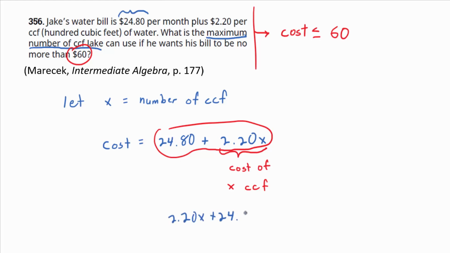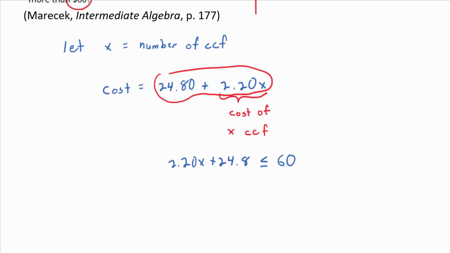I just switched the addition around, same thing, is less than or equal to 60. So help me out here. We need to isolate 2.2x. So we're going to subtract 24.80 from both sides.